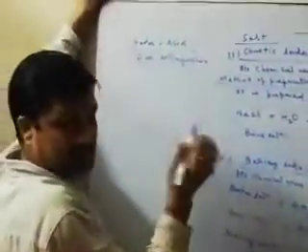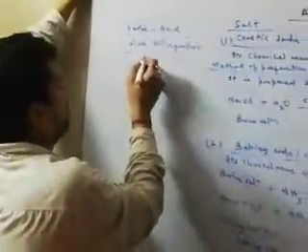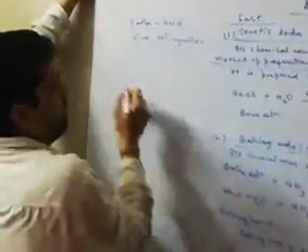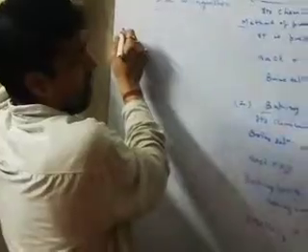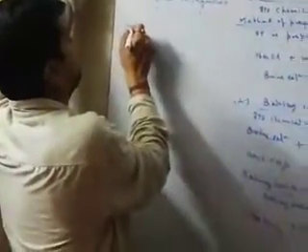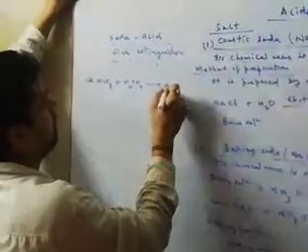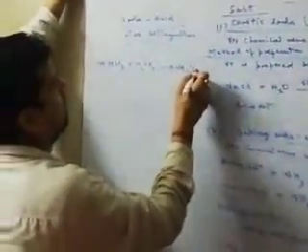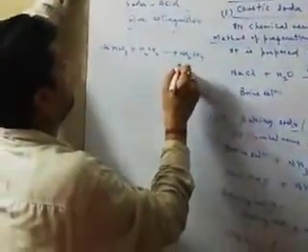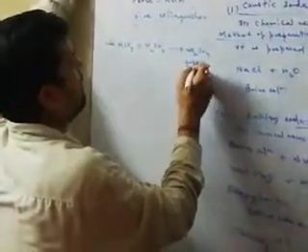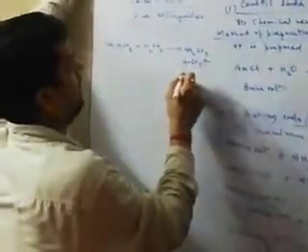Soda acid fire extinguisher. What is the chemical reaction? First we can see sodium bicarbonate plus H2SO4. Then we obtain sodium sulfate plus carbon dioxide gas plus H2O.